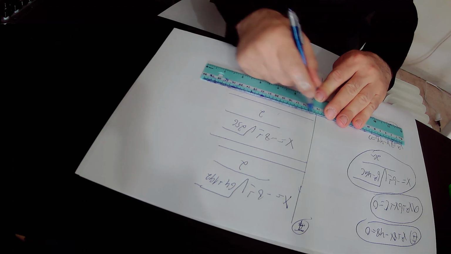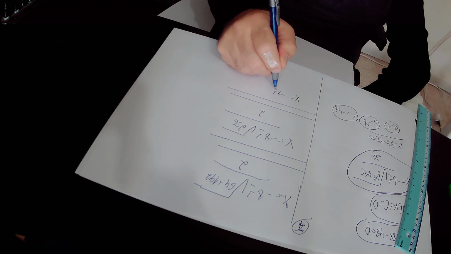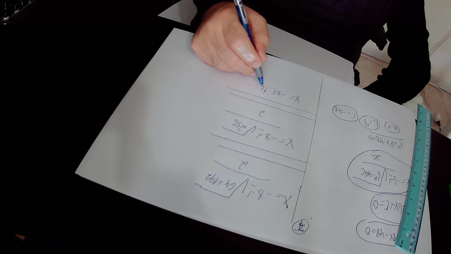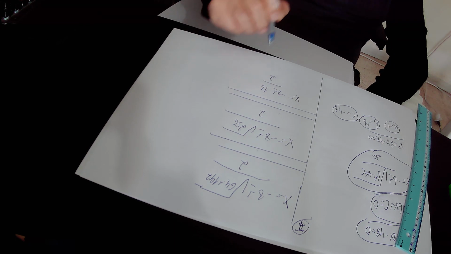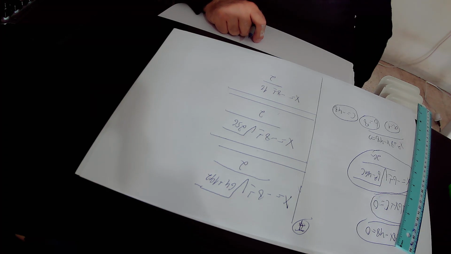So actually found out that x equals minus 8 plus minus the square root of 256, which is 16, over 2. So here we have two possible solutions for x.